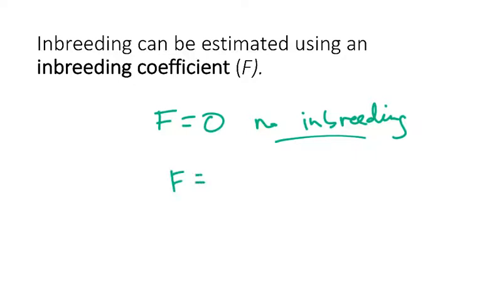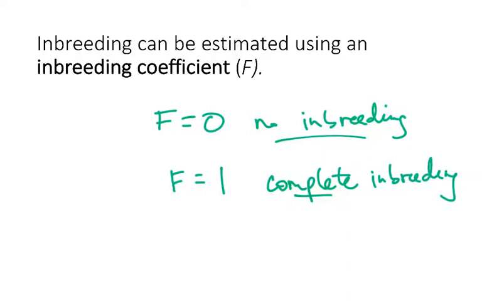And if the inbreeding coefficient F is 1, that means there's complete inbreeding, essentially that individuals are genetically identical. So again, you don't need to know how to calculate that, but that's how you would interpret it. F equals 0 is no inbreeding, F equals 1 is complete inbreeding.